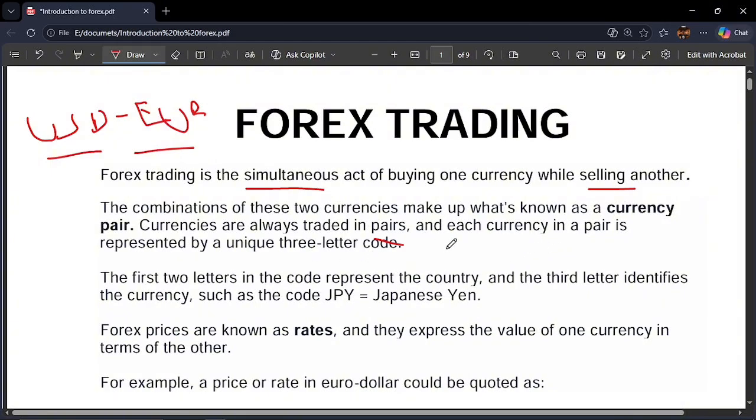And you should know that each currency in a pair is represented by a unique 3-letter code, as I've written here, like the US dollar, USD, or the euro. So you should know that in Forex, most of the time, or always, these pairs are noted in a 3-letter code, and the first 2 letters in the code represent the country, and the 3rd letter represents the currency of that country.